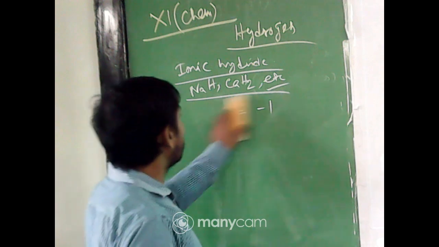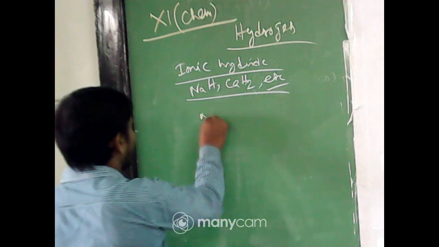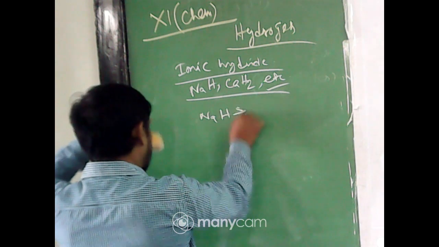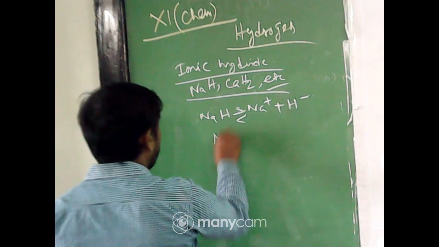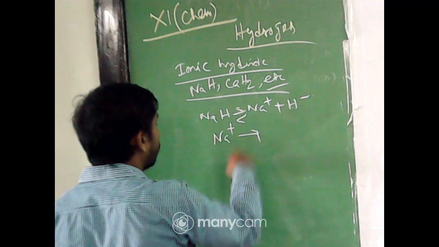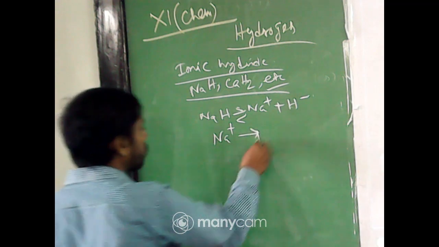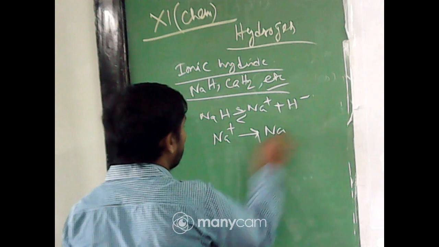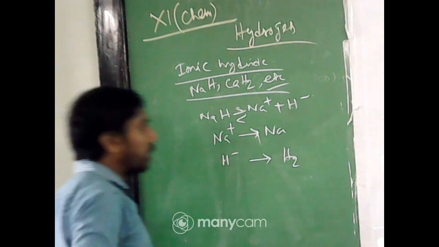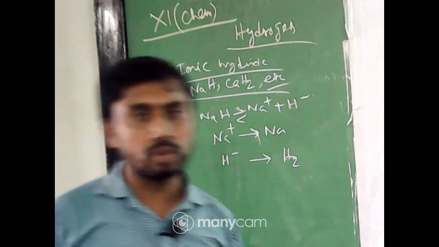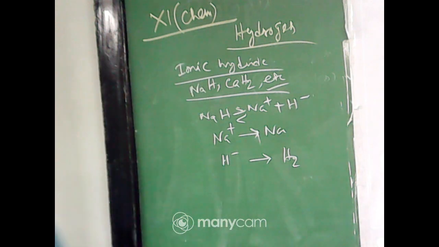When NaH is electrolyzed, it forms Na+ and H-. Na+ will move towards the cathode forming Na, and H- will form hydrogen at the anode. So this is the electrolysis of an ionic hydride. Another example is lithium hydride.